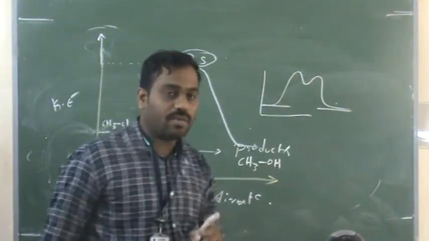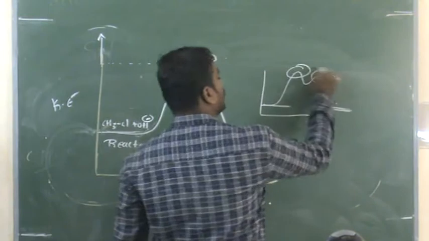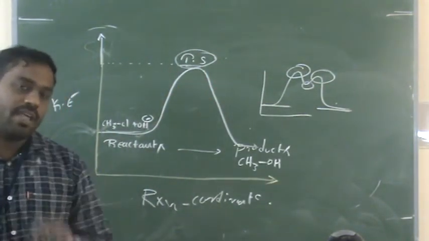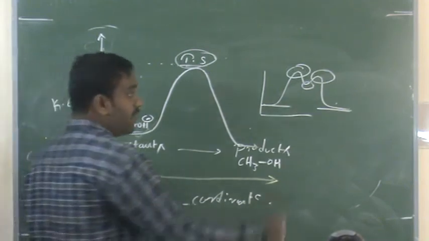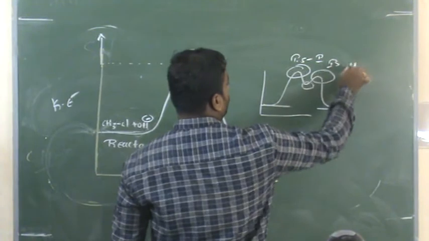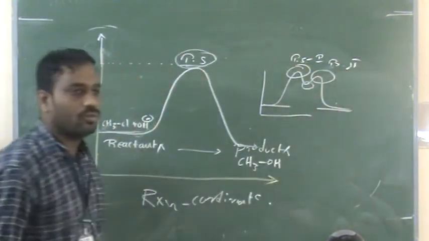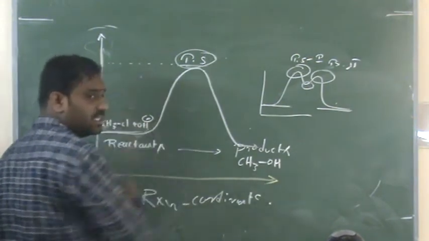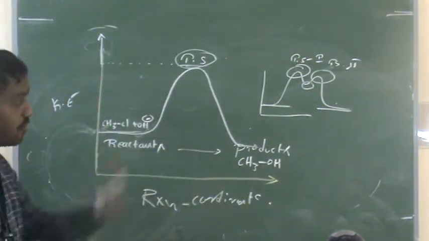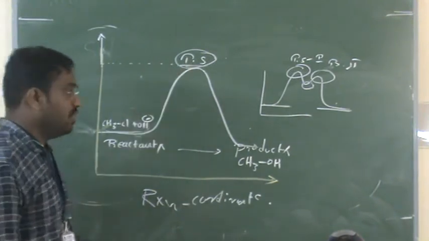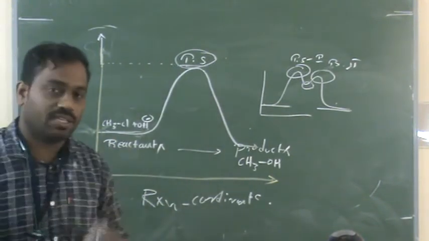When one intermediate is there, there are two transition states, transition state 1 and transition state 2. But if there is no intermediate, there is only one transition state. If there is one intermediate, there are two transition states. If there is no intermediate, one transition state.